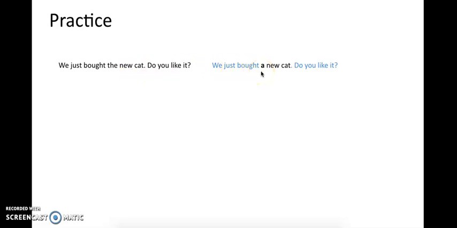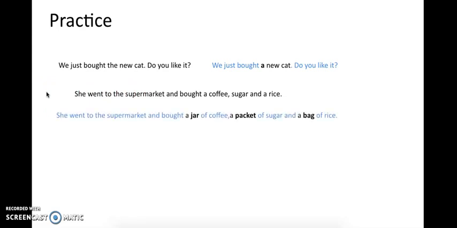Let's do another one. She went to the supermarket and bought a coffee, sugar, and a rice. Is this sentence correct or not? What do you think? No, actually, it's she went to the supermarket and bought a jar of coffee, a packet of sugar, and a bag of rice.